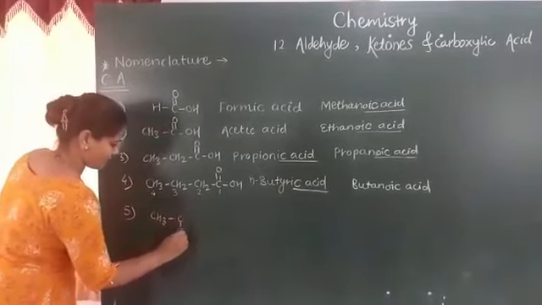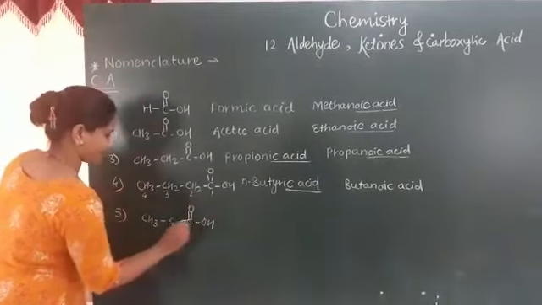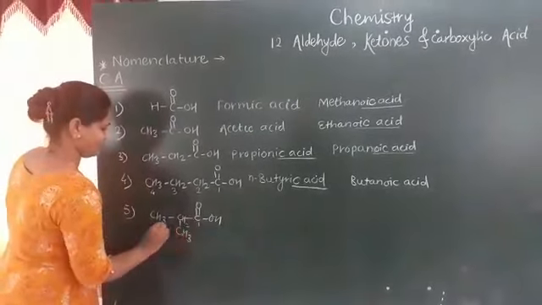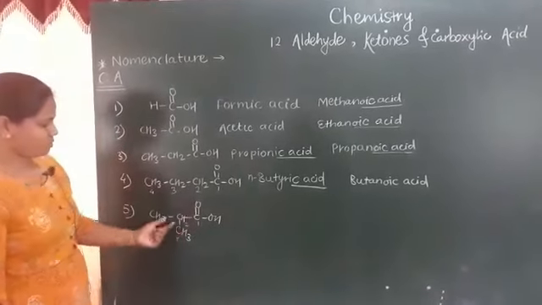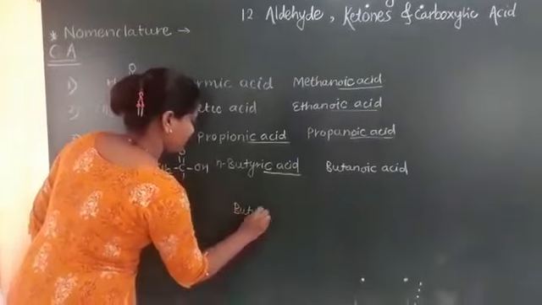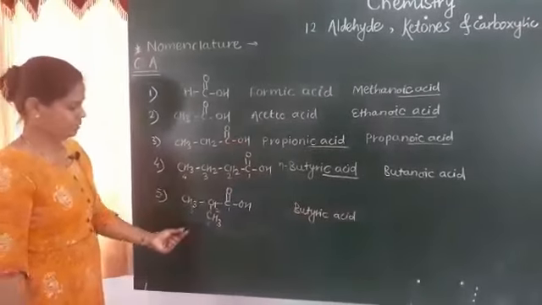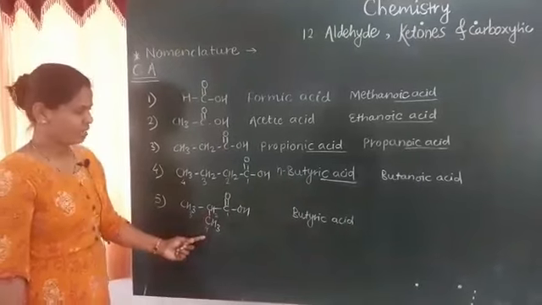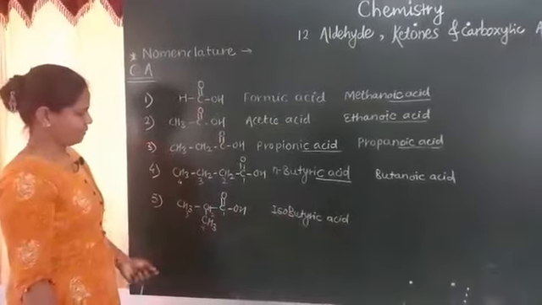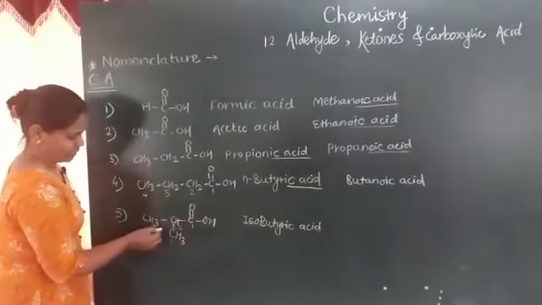Next example, CH3 CH CH3 C double bond O OH. Now the total number of carbon atoms are 1, 2, 3 and this one is 4. So the name is butyric acid, but the type of alkane is isoalkane because the second carbon atom contains a methyl group. So the prefix iso is used, isobutyric acid, and the IUPAC name is, this is the first carbon atom, second and third one.